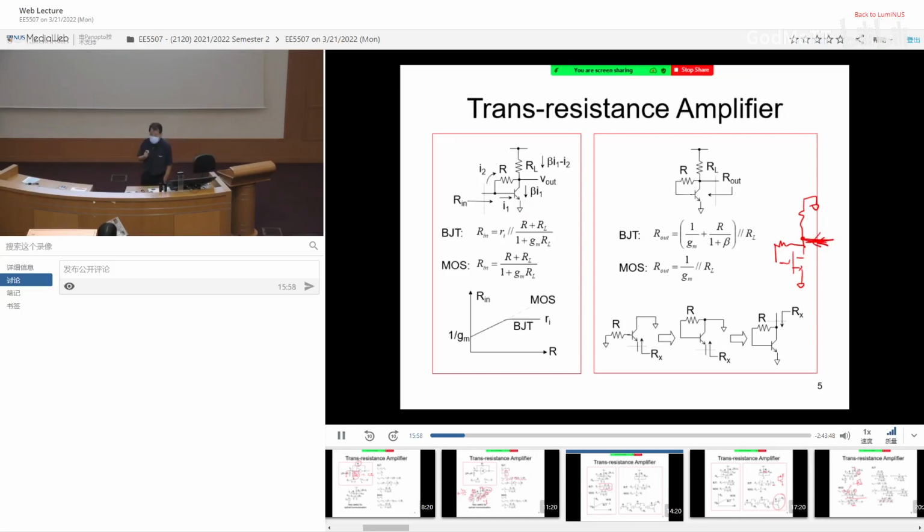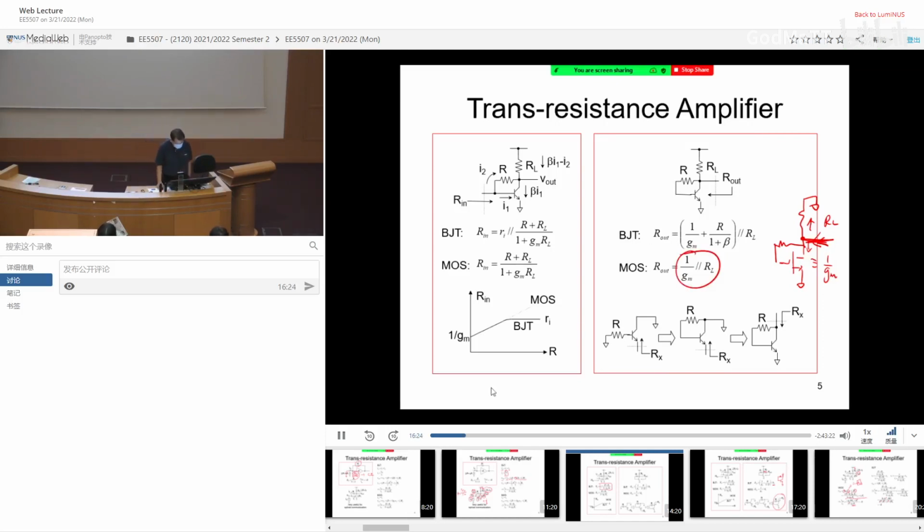You see that the output resistance for MOSFET actually consists of two things in parallel. The top one, which is RL. Agree? Now the bottom one, what do you see? You see a diode-connected transistor. We covered that. A diode-connected transistor has an equivalent resistance of 1 over Gm. So therefore, output resistance for MOSFET is quite straightforward.